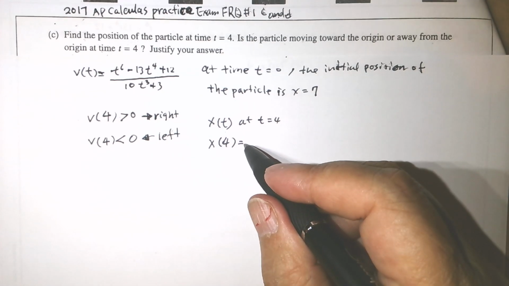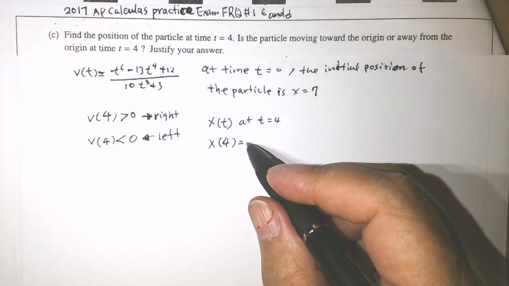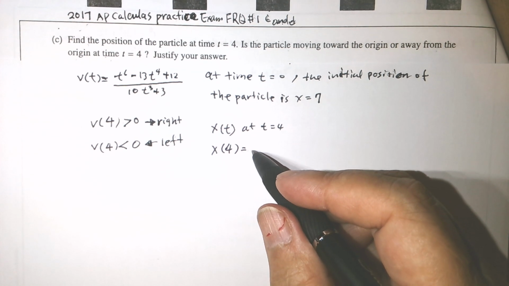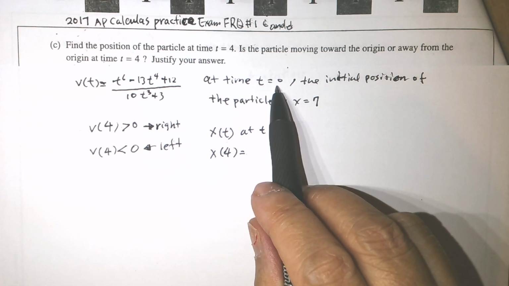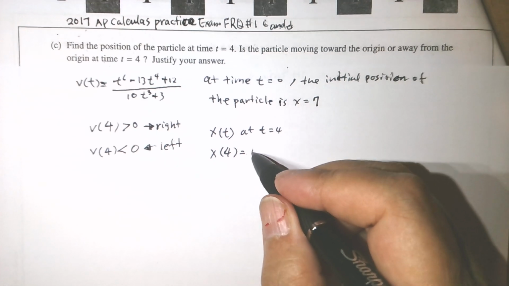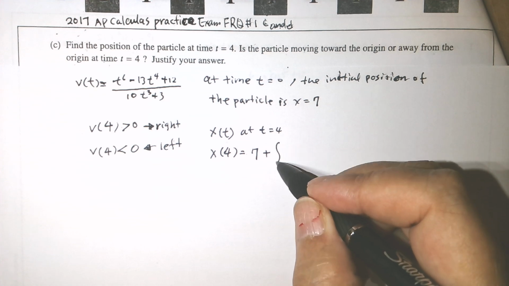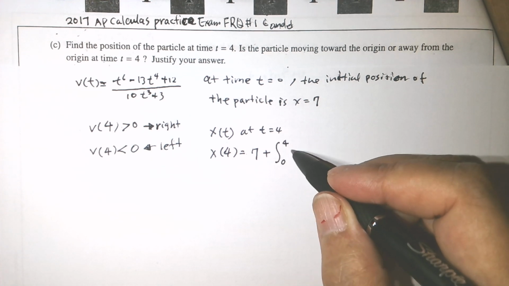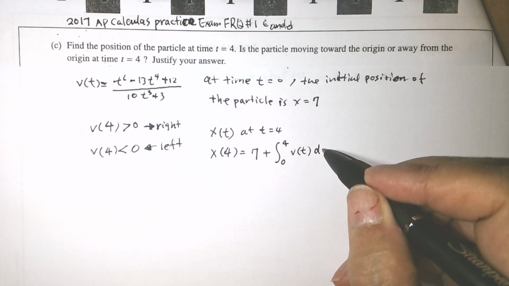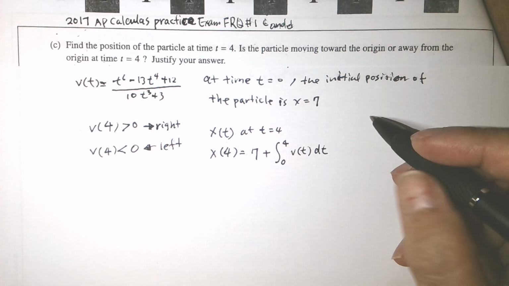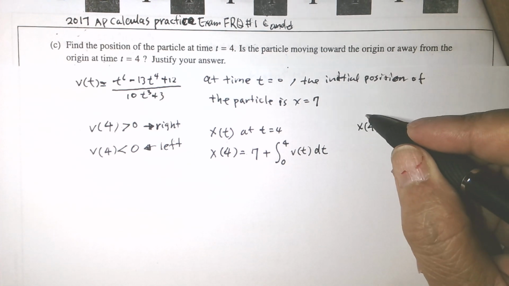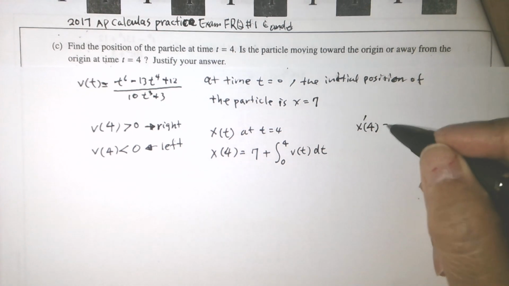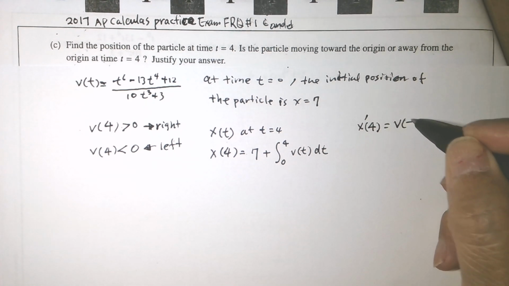Okay, so find the x position function at t equal to 4. We have the condition that when t equals 0, x is equal to 7. So 7 plus the integration from 0 to 4 of v(t) dt. Remember, if we take the derivative of a position function, we get the velocity function.